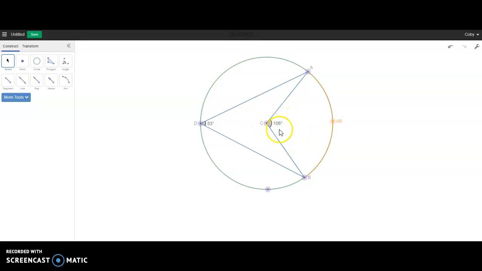The central angle is 106 degrees, which means this orange arc is 106 degrees. If you notice, the inscribed angle is exactly half of the central angle. That's always going to be that way, no matter how I move this around, unless it rounds off by a little bit, it might be off by one digit.